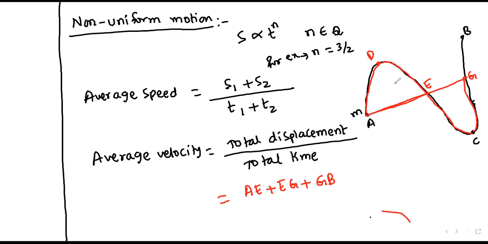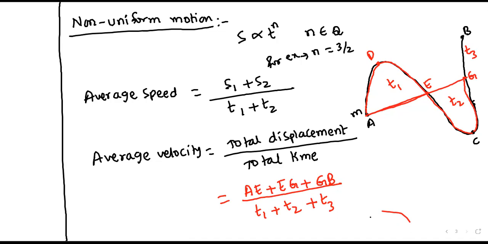A to E, I am considering a time T1. And E to G, I am considering a time T2. G to B, is it okay? Like this, we'll find. Total distance means we need to write AD plus DE plus EC plus CG plus GB.